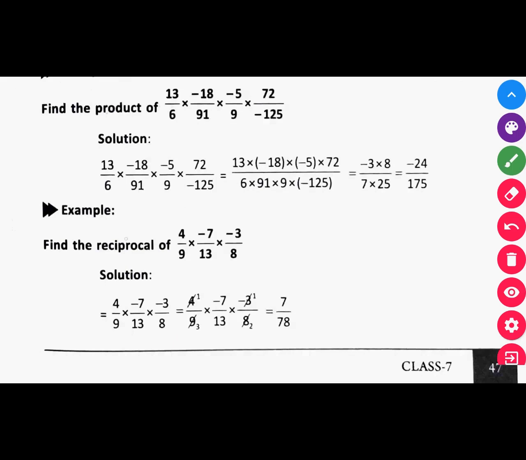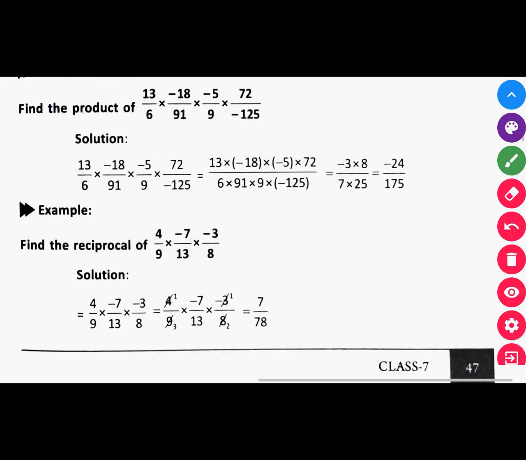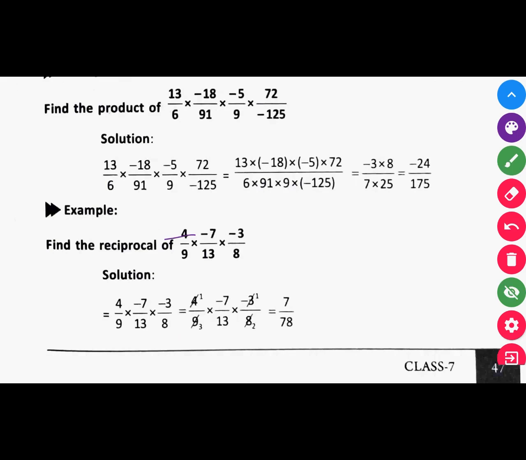Simplify the rational number by the simplification method. You can use 4 ones are 4, 4 twos are 8, 3 ones are 3, 3 threes are 9. Now we cannot further simplify it, so minus 1 it is.